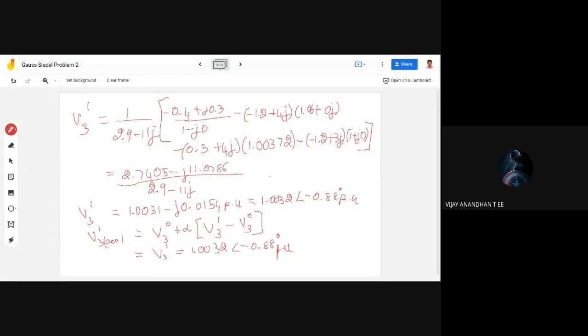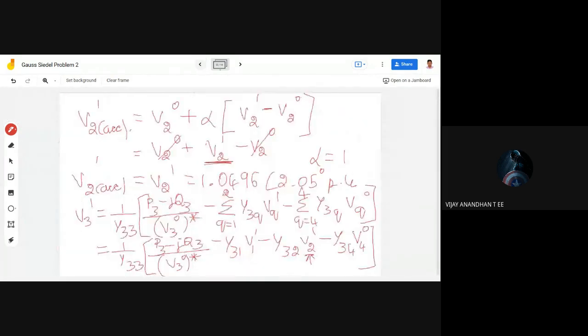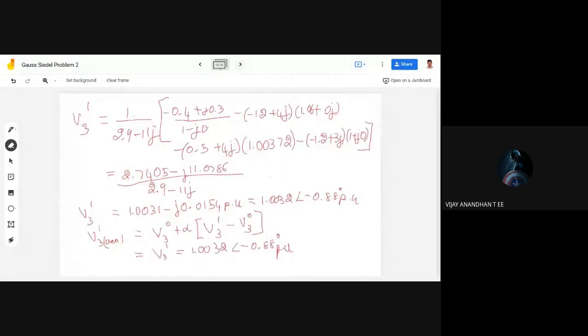How come, sir? It's 1.0496 only, no, sir? Have you changed it with respect to the rectangular form? Yes, sir. If we change it, it will be 1.0489 plus 0.03768j, sir. Okay.